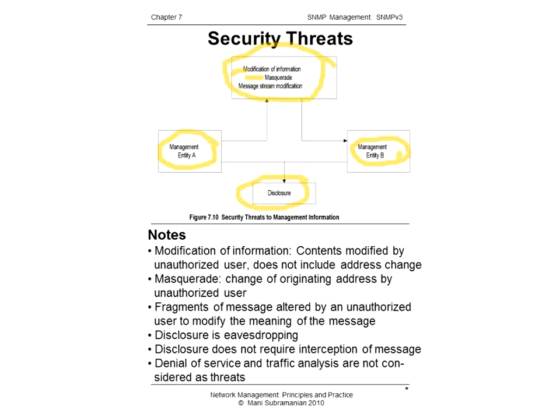For example, the sequence of data of a table could be reordered to change the values in the table. The intruder could also delay messages so that they arrive out of sequence. The message could be intercepted, stored, and replayed at a later time by an unauthorized user.